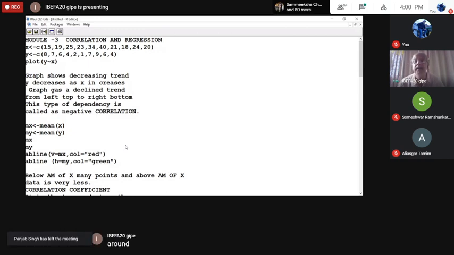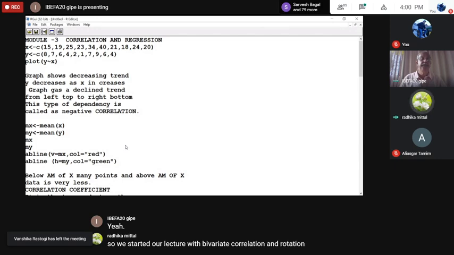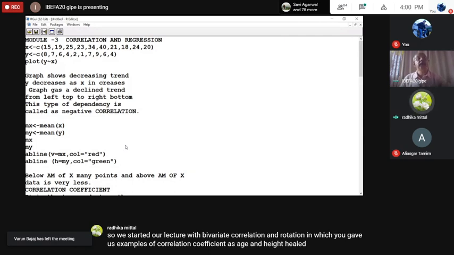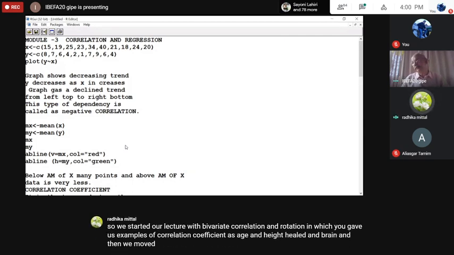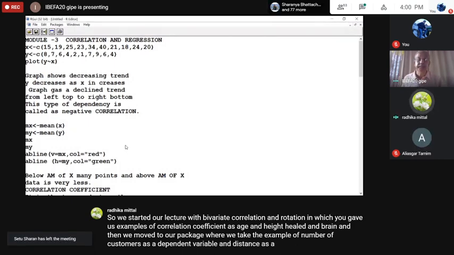Radhika Mittal. Yes, sir. Can you explain your understanding of today's class? Sure, sir. We started our lecture with bivariate correlation and regression, with examples such as age and height, yield and rain. Then we moved to R, taking the number of customers as the dependent variable and distance as the independent variable.